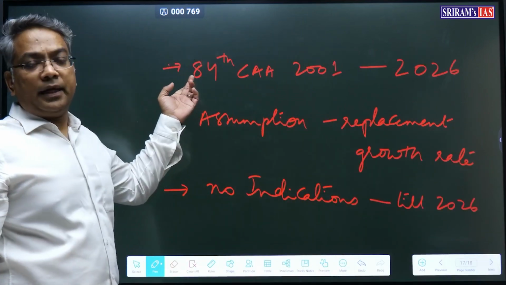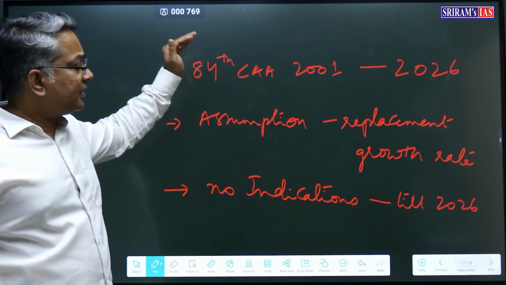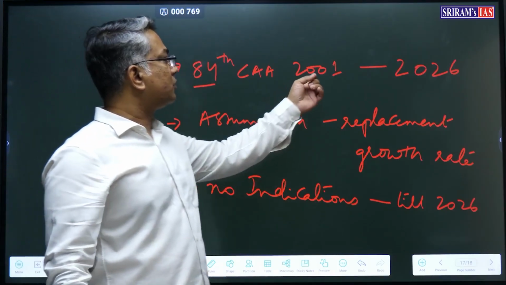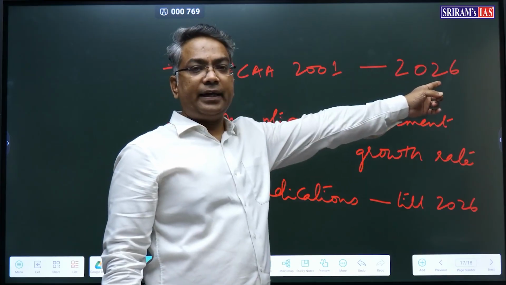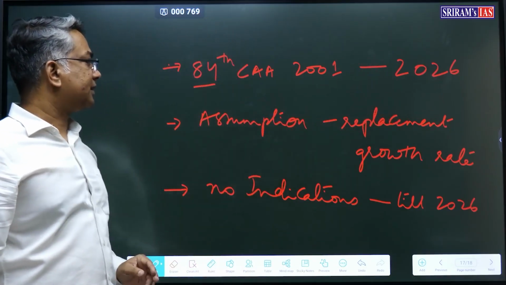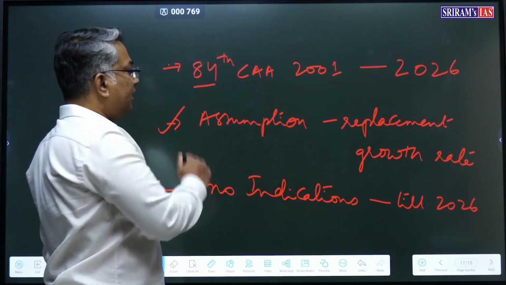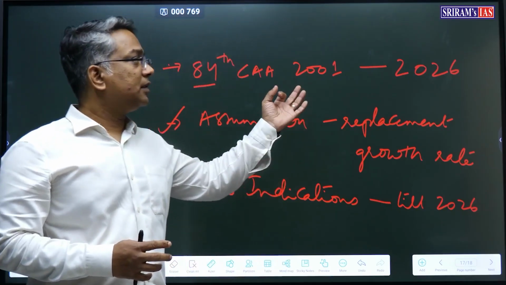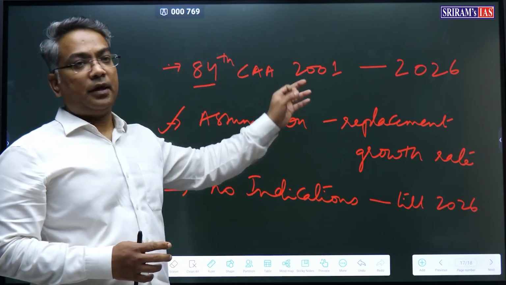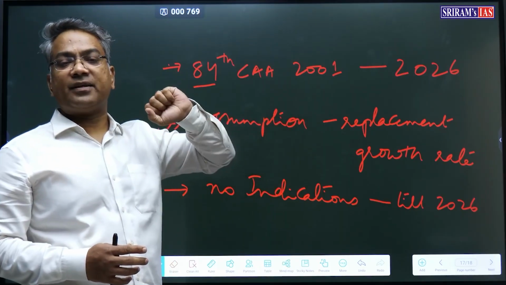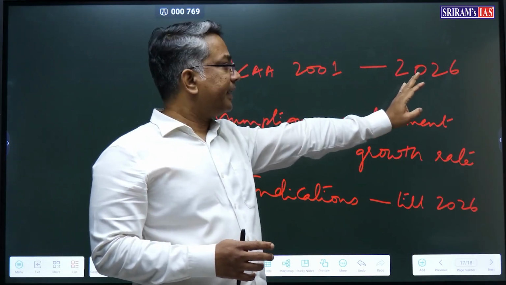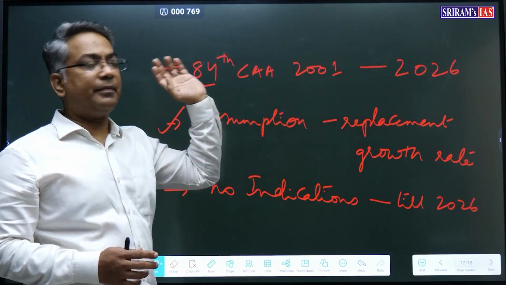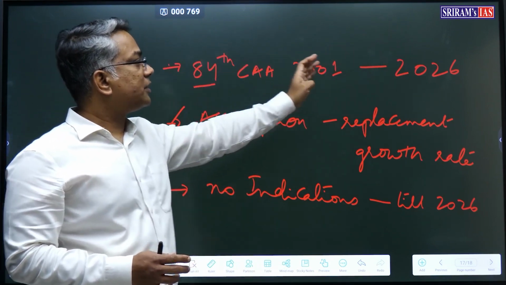The freeze was further extended by the 84th Constitutional Amendment Act 2001 till the year 2026. Now, why was the freeze imposed? On what assumption? On the basis of the 1971 census, till the year 2000 by the 42nd Constitutional Amendment Act and till 2026 by the 84th Constitutional Amendment Act.